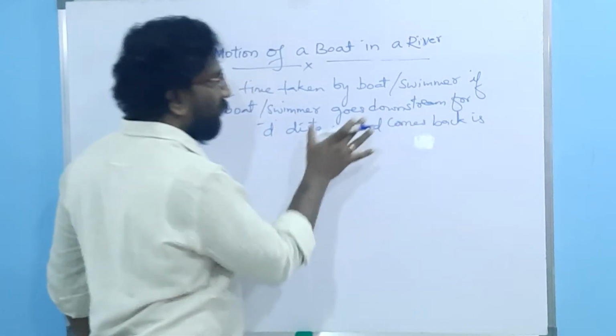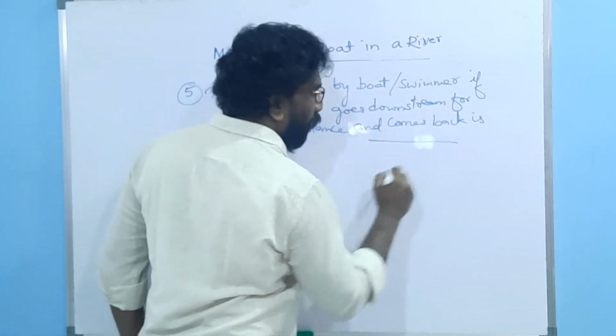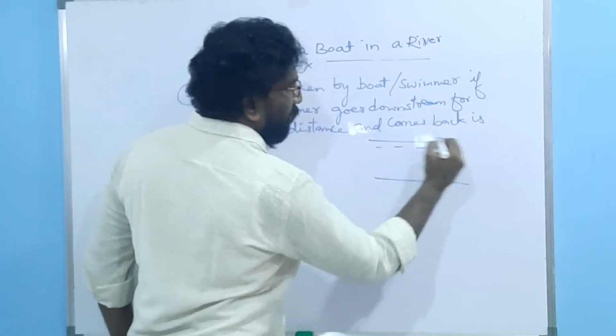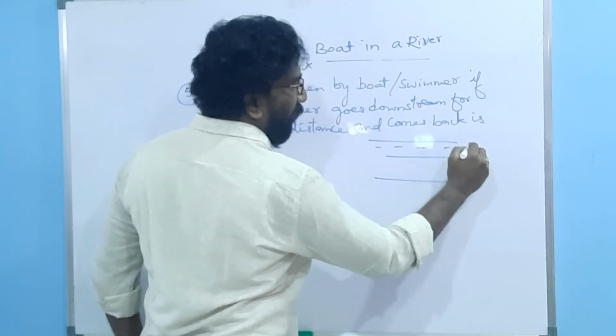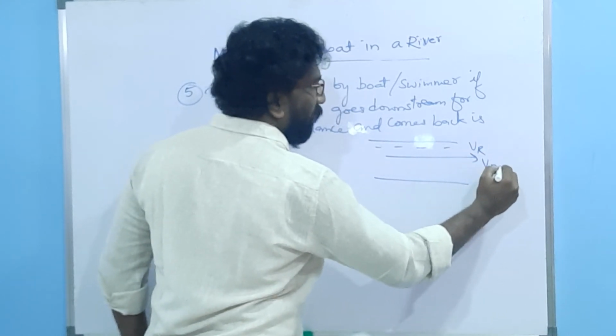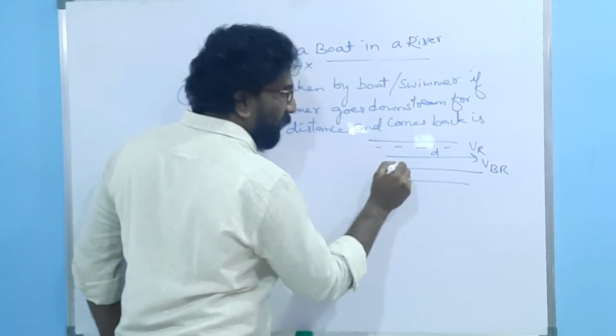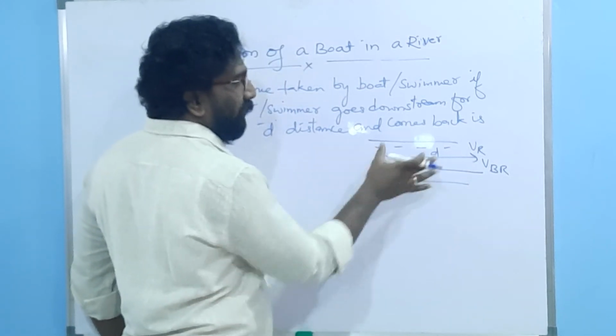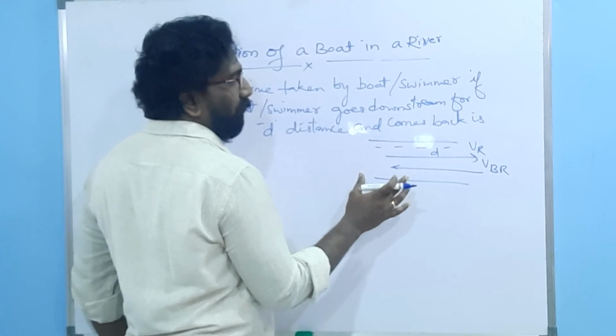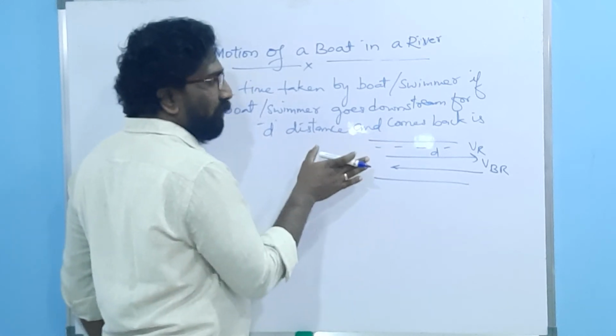It means that a boat or a particular swimmer is going downstream along the velocity of the water, and let the distance traveled be d. Then again if he is coming back the same distance, then what will be the total amount of time?